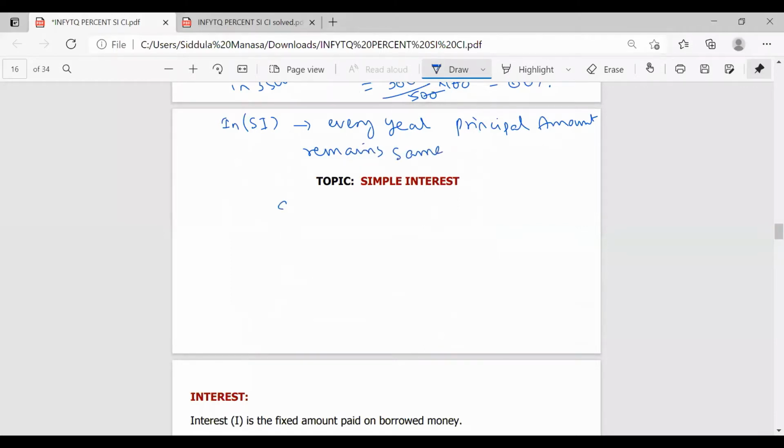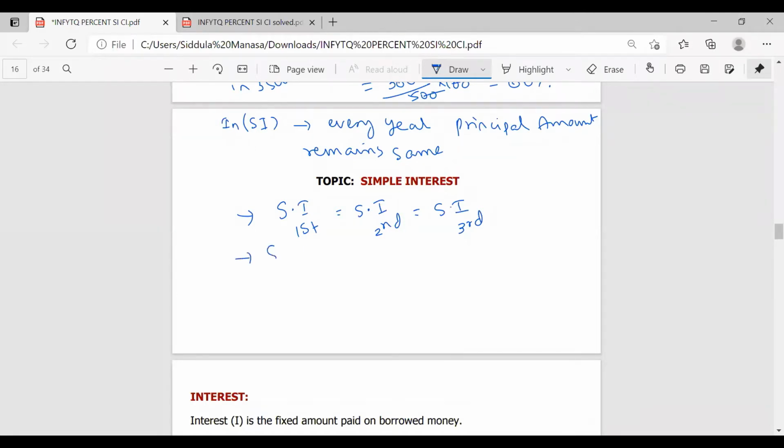Due to that, the simple interest for every year is the same. Simple interest for the first year, second year, third year: every year, because the principal remains the same, simple interest is the same. That can be denoted as simple interest for the first year equals simple interest for the second year, which is equal to simple interest for the third year.